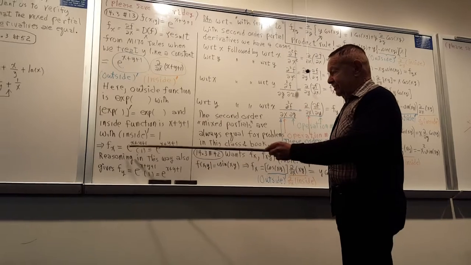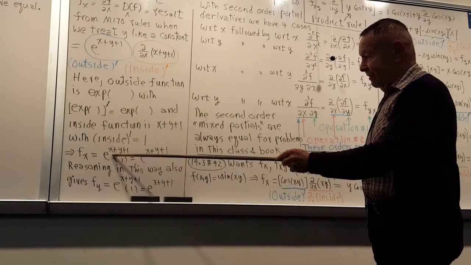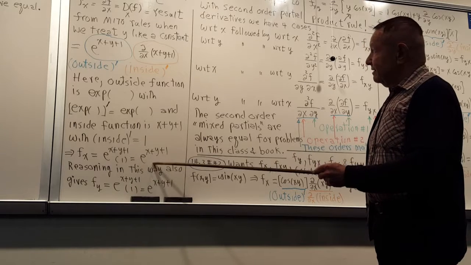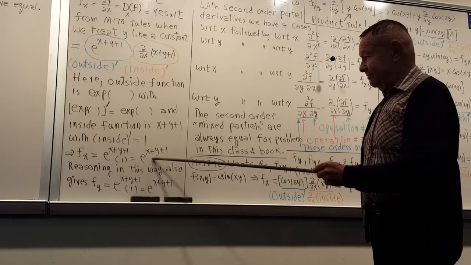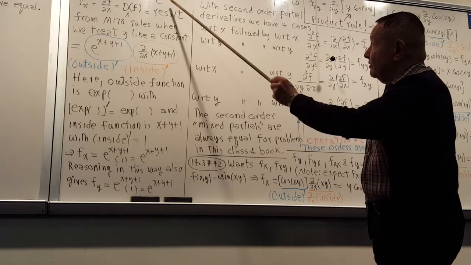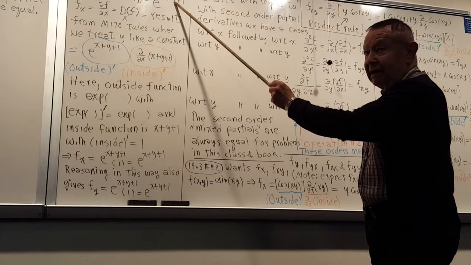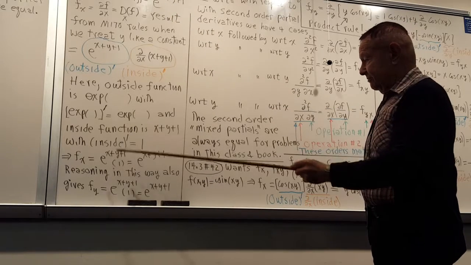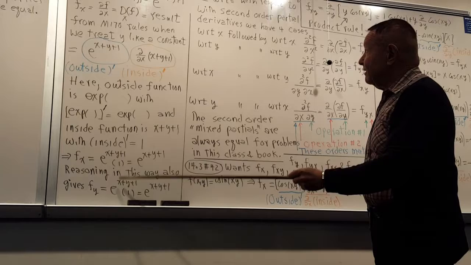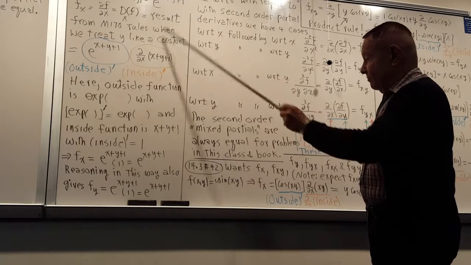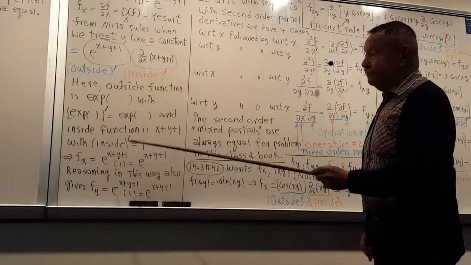So your answer is the e function repeated times 1, so it's back where you started. The same would be true with your partial with respect to y. You'd repeat the e function from your outside prime, and then your partial with respect to y from here would be that one.